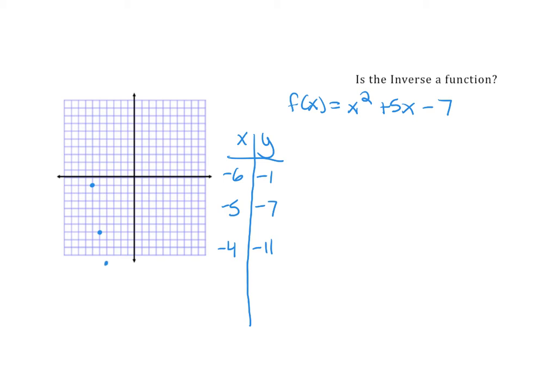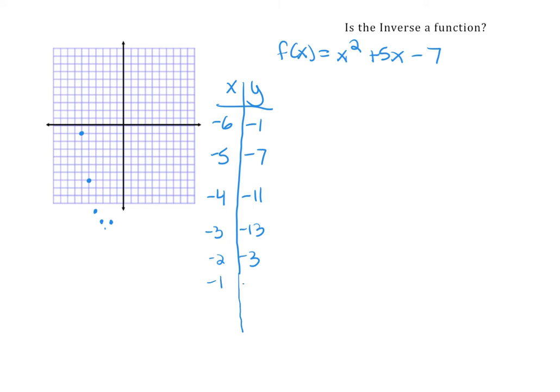It does go off this graph a little bit. -3, -13; -2 also is -13, so the vertex is just below. -1, -11; 0, -7; and 1, -1.